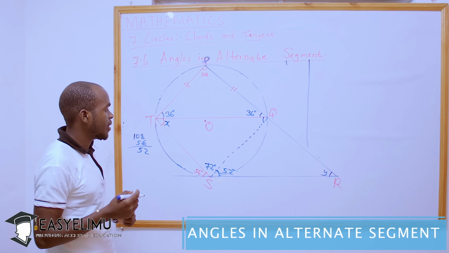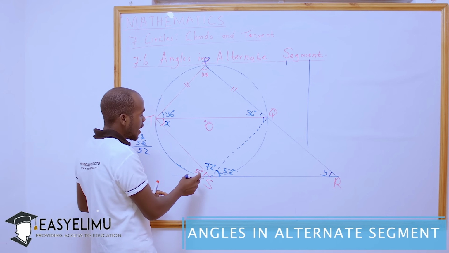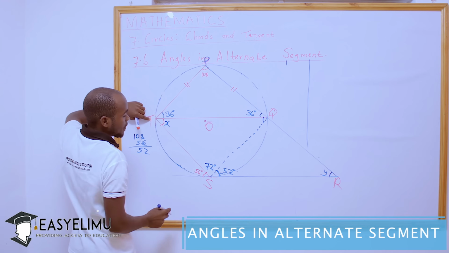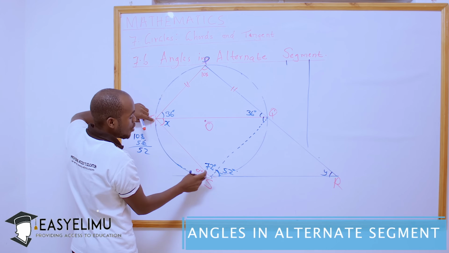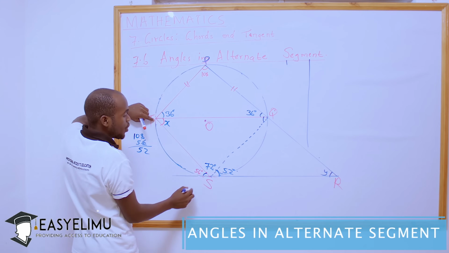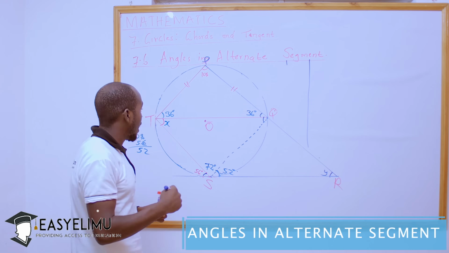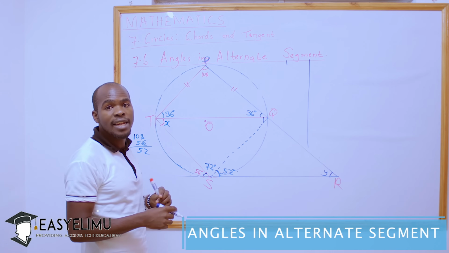And remember one thing that we said: let's start with this angle 56. If two angles are subtended in a circle by the same chord, then they are equal.